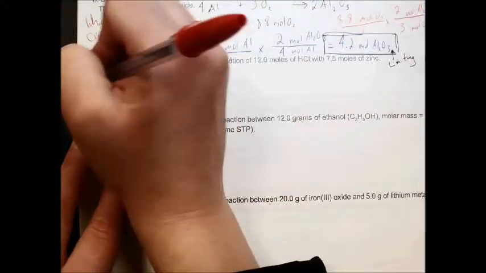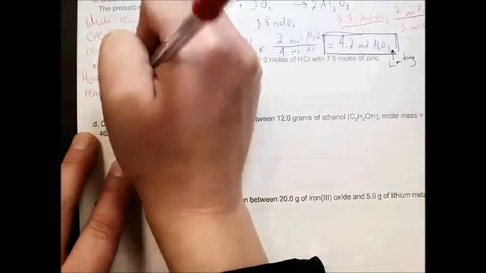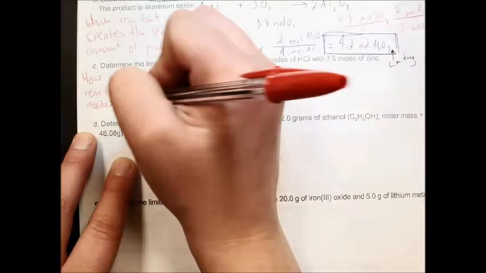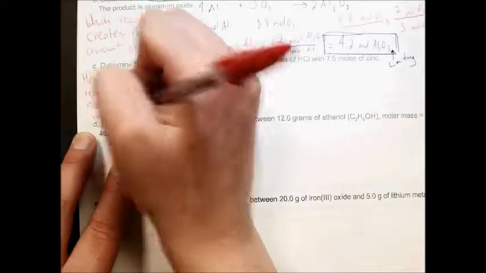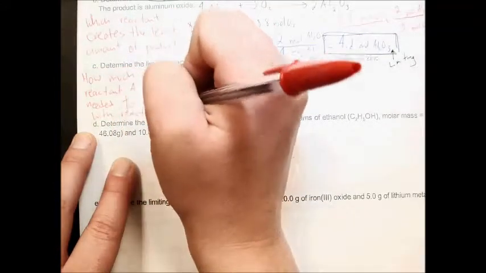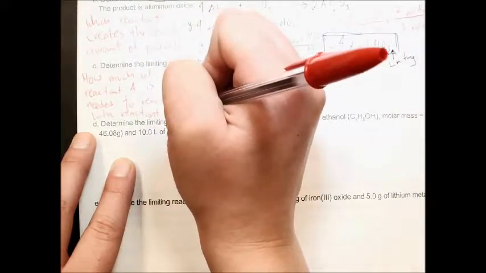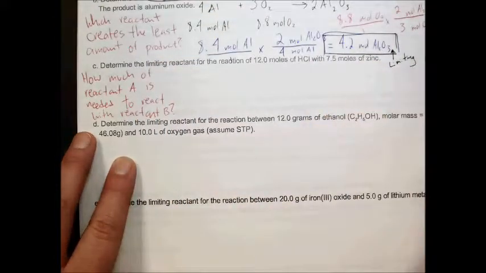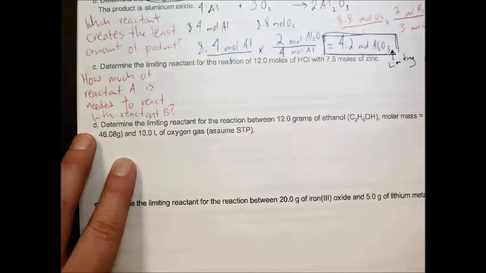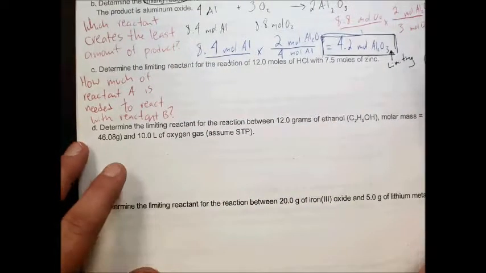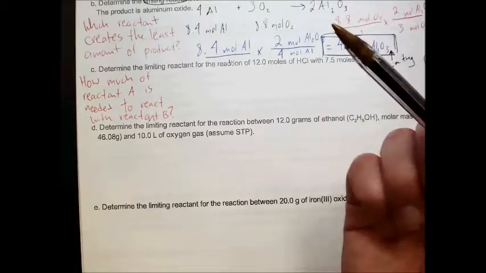So how much of reactant A is needed to react with reactant B? So it's going to get us the correct answer, just like this process did up here, but the math is a little bit faster actually.